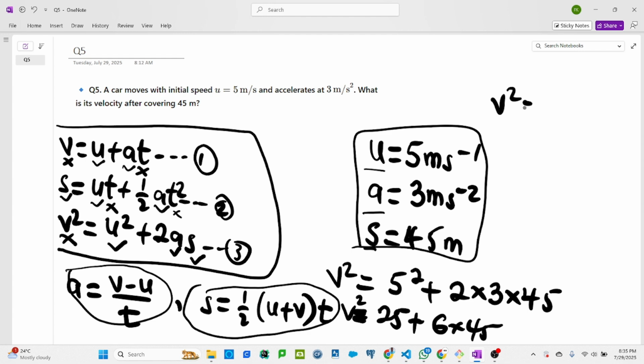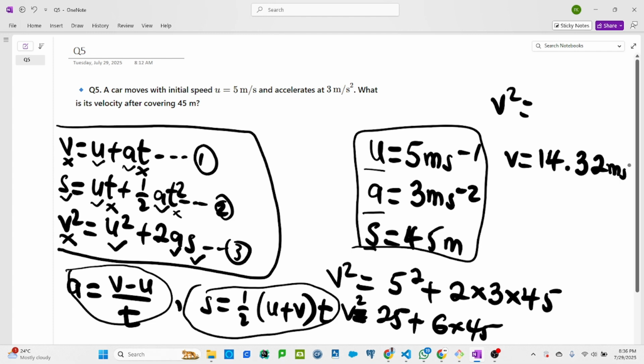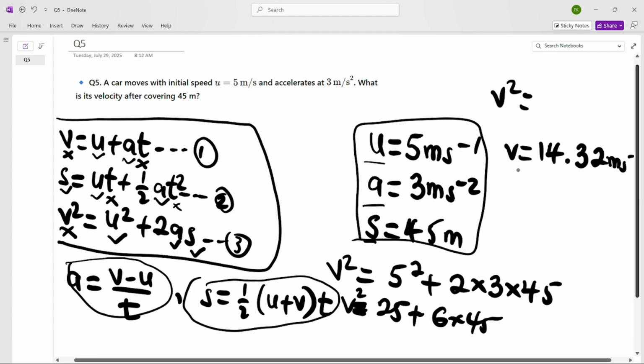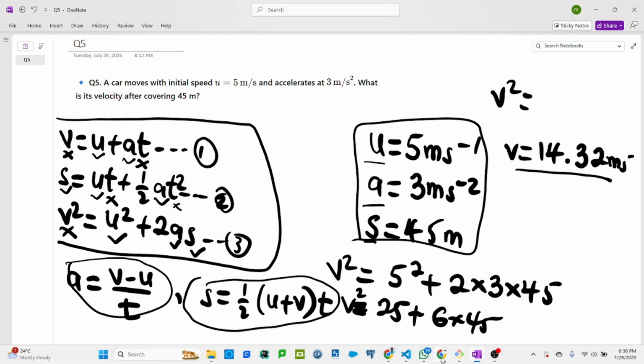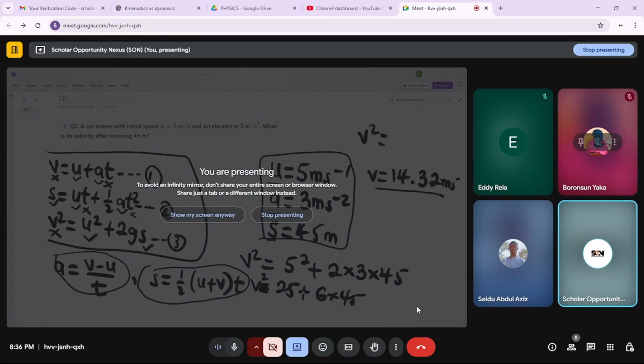So the answer will be 14.32. Meters per second. Guys, can you confirm if it is 14.32? Can anyone confirm? At least one person.